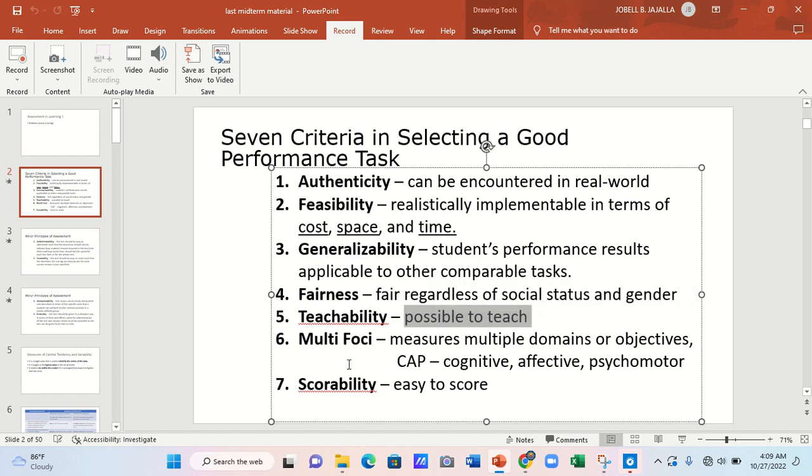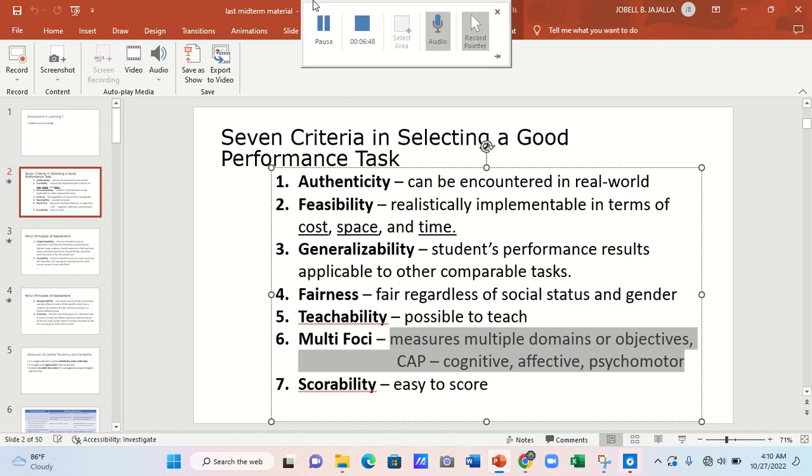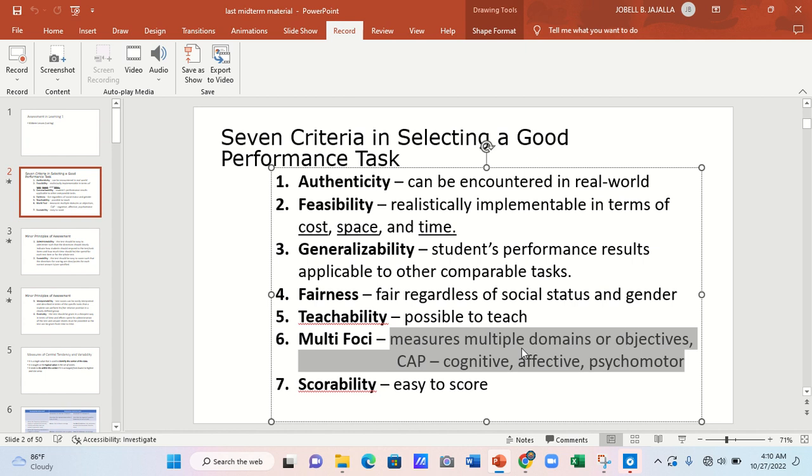Then, number 6, multiple foci. When we say multiple foci, it measures multiple domains or objectives. We have the following domains, with the mnemonic CAP. C stands for cognitive, A stands for affective, and P stands for psychomotor.